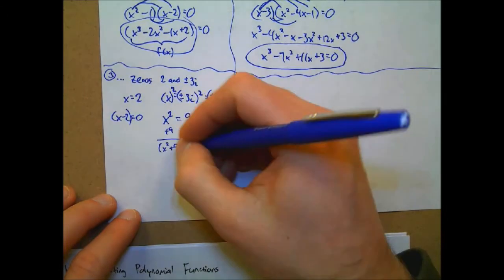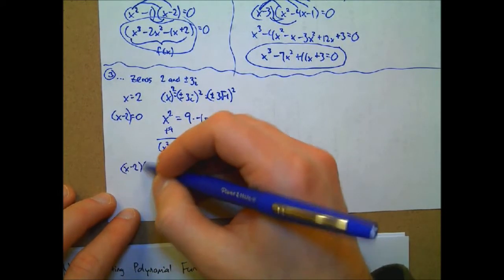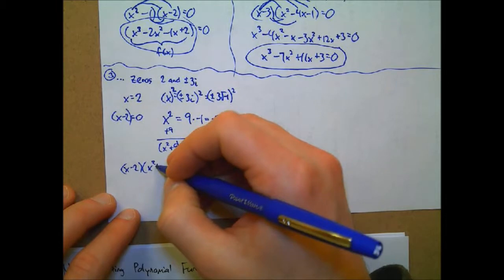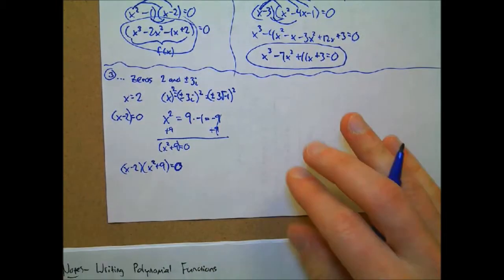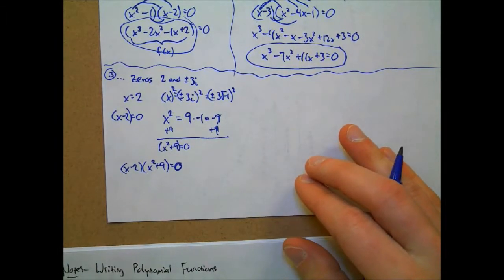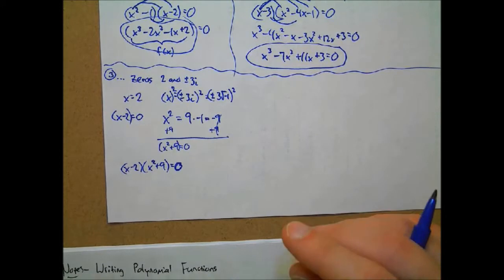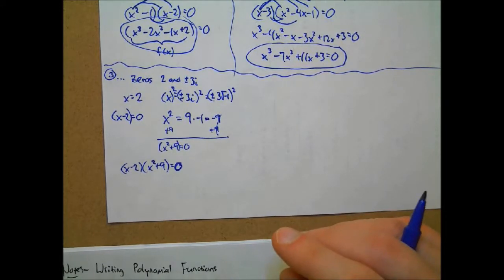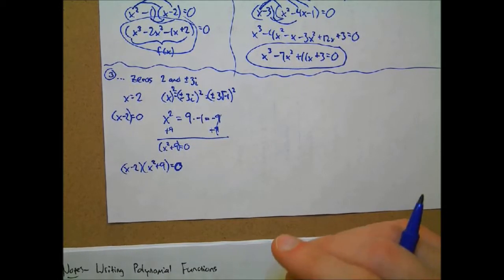And so we're just going to multiply x minus 2 times x squared plus 9, and that will yield our polynomial when we multiply it out.